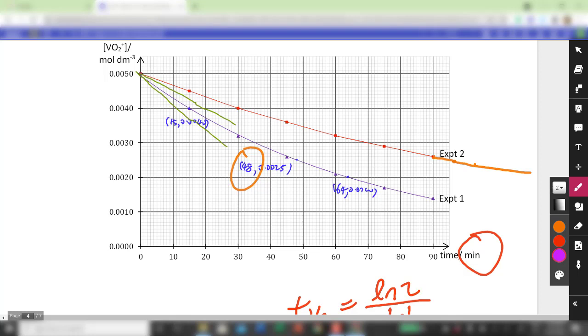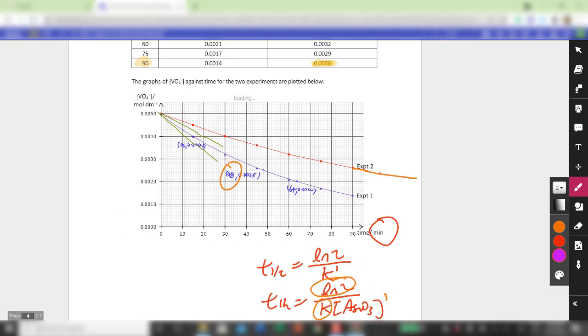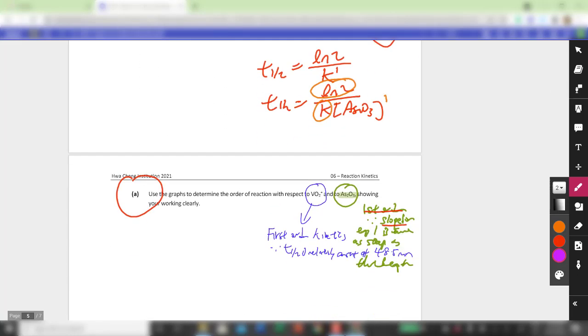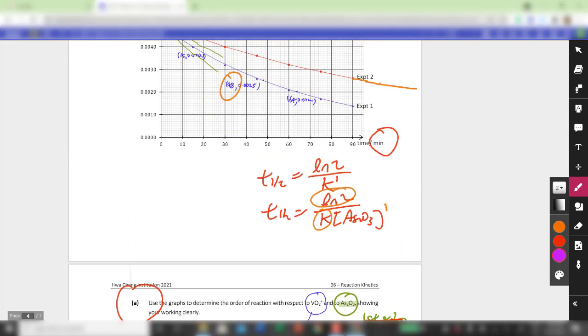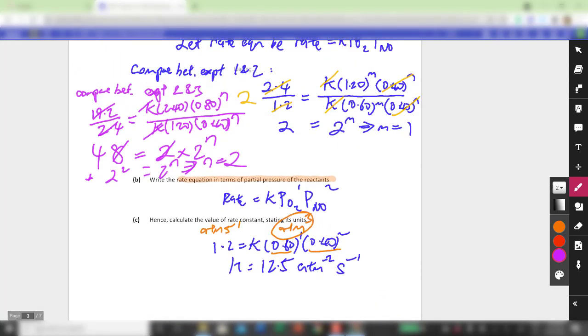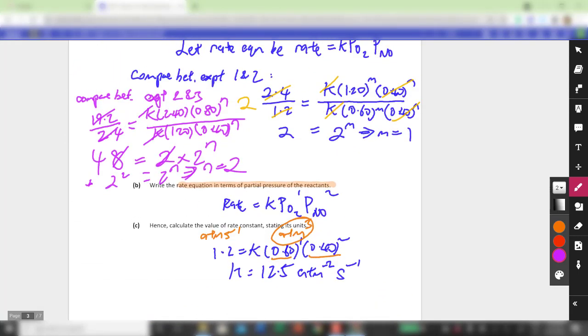Because of that, I'm sorry, in this case you cannot use t half as an argument. You have no choice but to use the initial rate method to find out the order of reaction with respect to As2O3. With this, I hope you find the debrief useful. Do keep a lookout for in-class exercise 3 next.